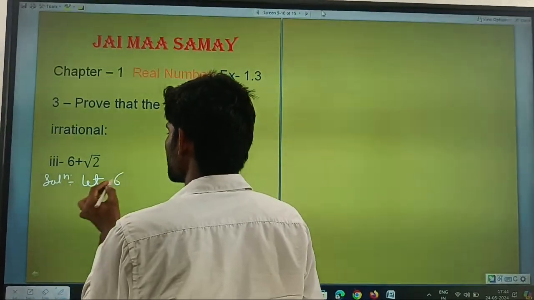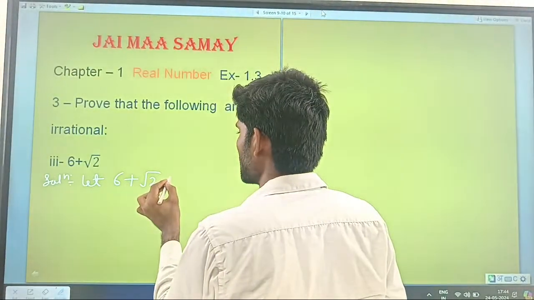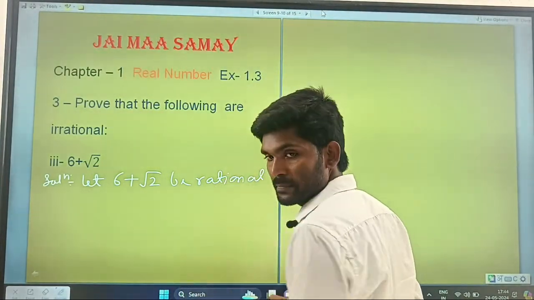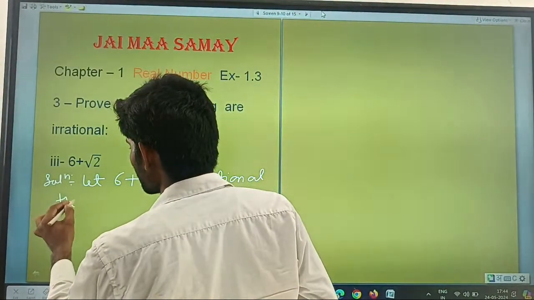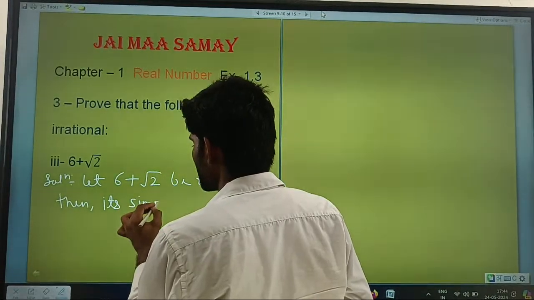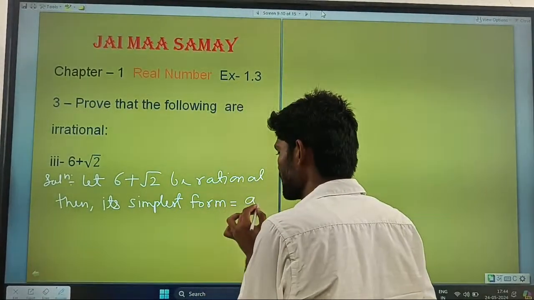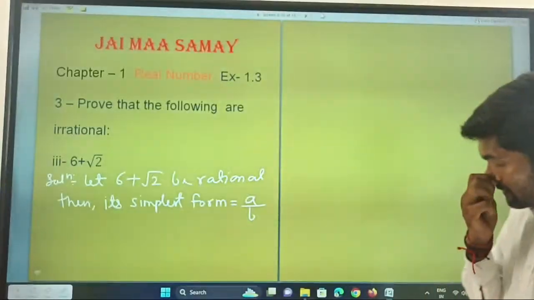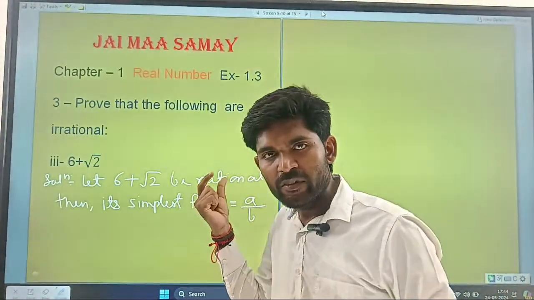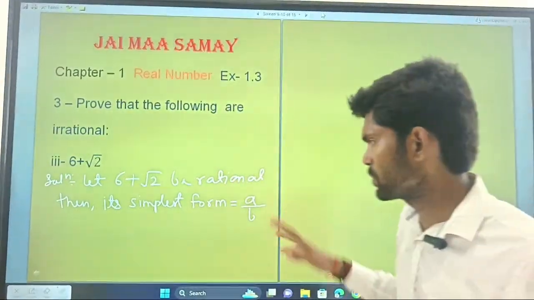Let 6 plus under root 2 be rational. Okay, then its simplest form, what simplest form? A upon B. Statement law, because I have used many times. Every rational number in simplest form A upon B, or you can write P upon Q. Any statement you write, nothing matters.